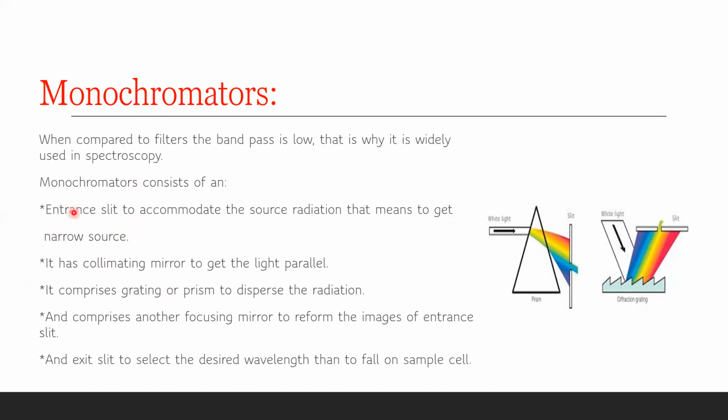So for getting a narrow source in these monochromators, we will see the entrance slit like this. This is a slit. In this slit, we will get a narrow light source. It has a collimating mirror to get the light parallel. So that light should be parallel.